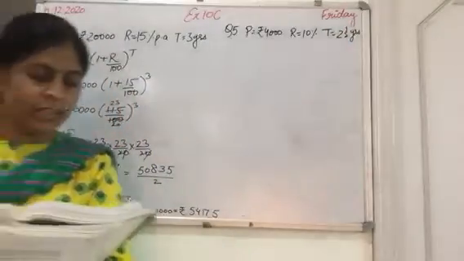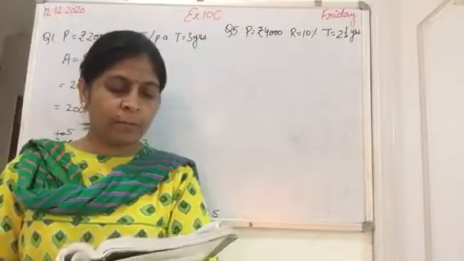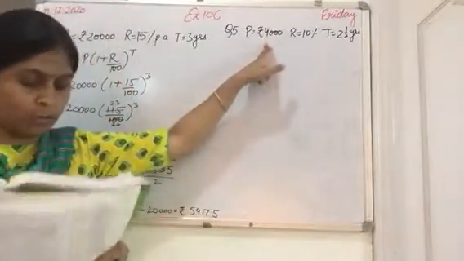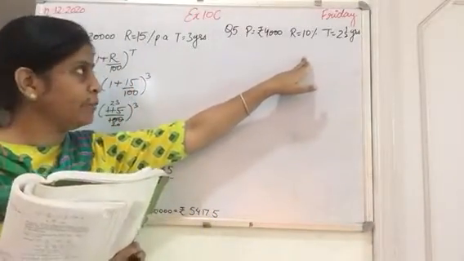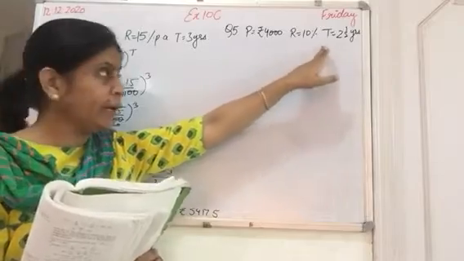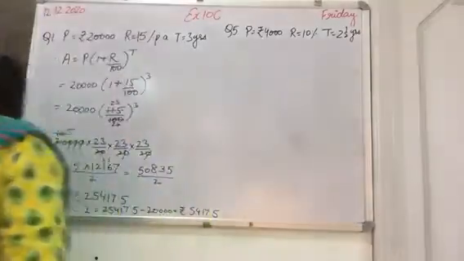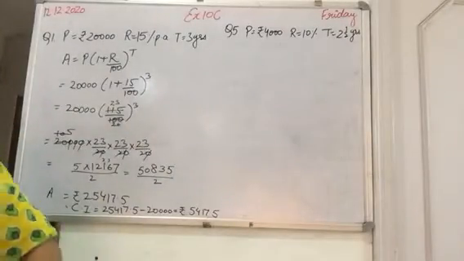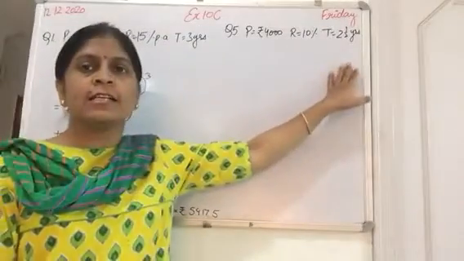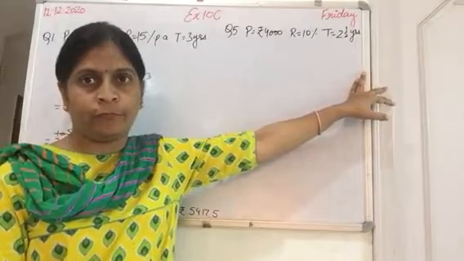Okay, now in this question, find the compound interest on 4,000 at the rate of 10% for 2.5 years at 10% per annum. Now students, in this question, it is not mentioned that it is semi-annually.